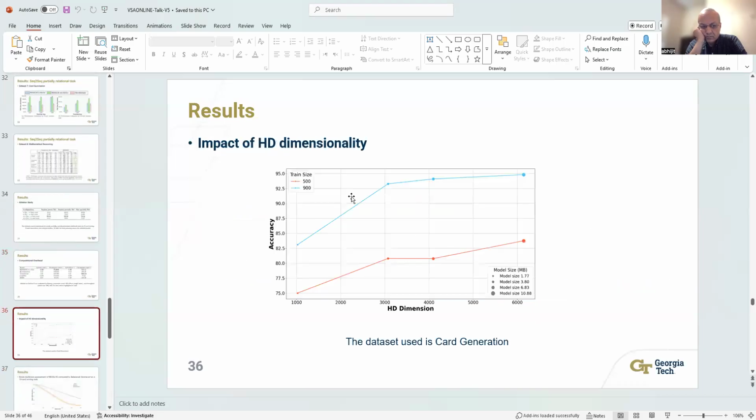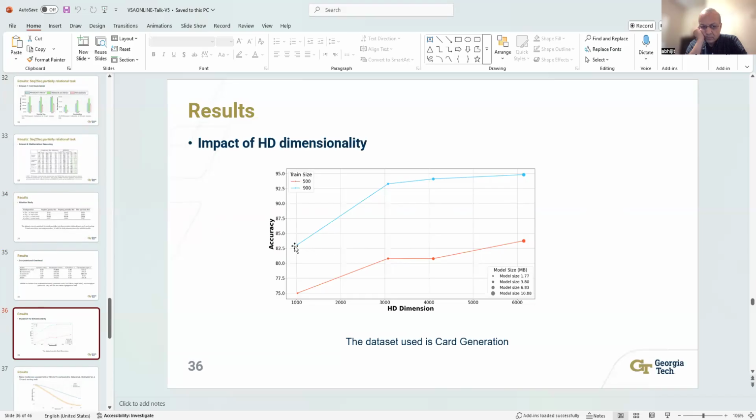Also, we have studied the impact of the HD dimensionality. We varied the dimension of the hypervector from 1000 to 6000, and this is for the card generation task.